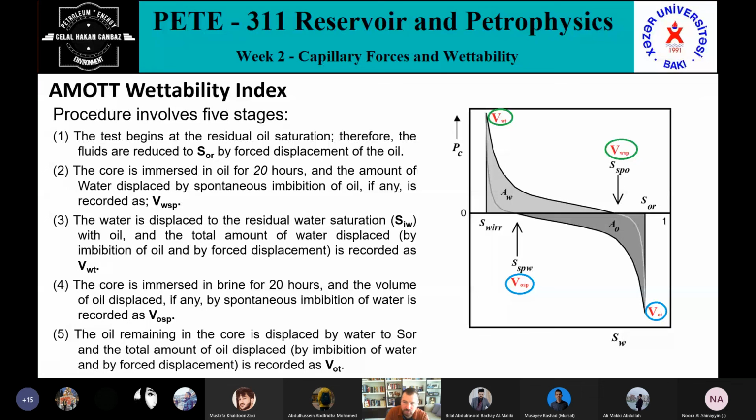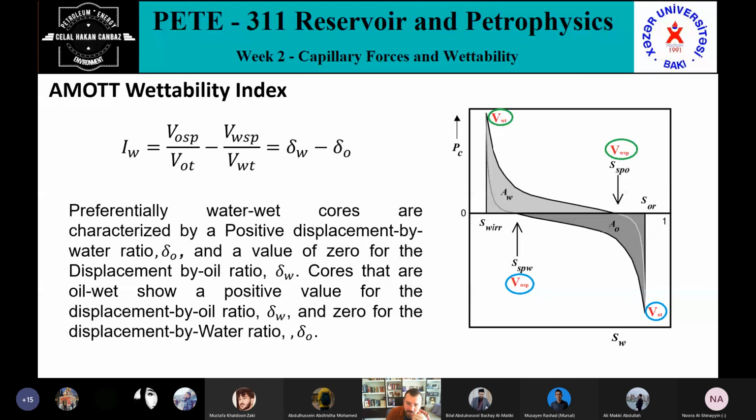After recording all these volumes, I define a wettability index value, IW, as VOSP divided by VOT minus VWSP divided by VWT. This gives me the wettability index, the difference between the water and oil phases.